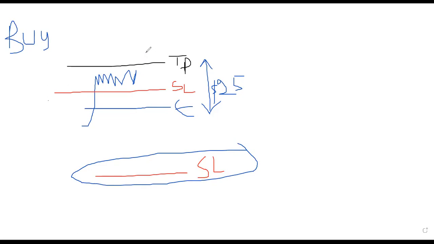But if, God forbid, the reverse is the case and it came down and struck your stop loss, you don't have to feel bad because you have already moved your stop loss above your entry point. You will still have some profits registered in your profit margin, for instance $9 or $10.